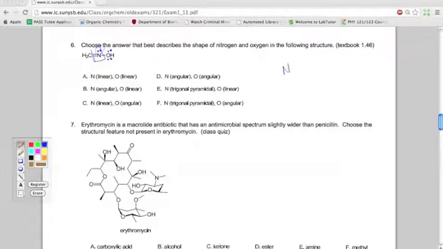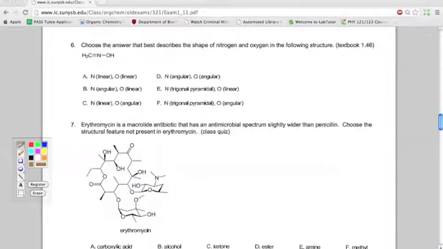Your nitrogen, your atom, you have this. These lone pairs are going to be very bulky and very negative, and they're going to repel these bonded electrons, causing this nitrogen to have an angular stereochem.